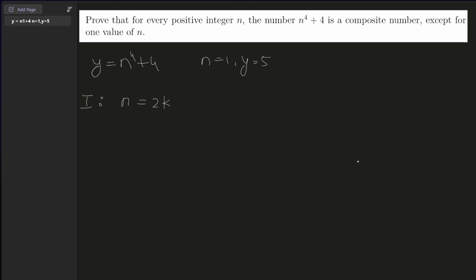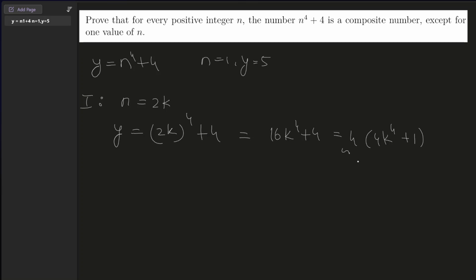When n is even, suppose it's in the form of 2k, where k is another positive integer. So basically 2, 4, 6, 8, 10, 12, and so on. Let's put in the value of n from here in y. So this becomes 16k to the power 4 plus 4, which is 4 times (4k to the power 4 plus 1).